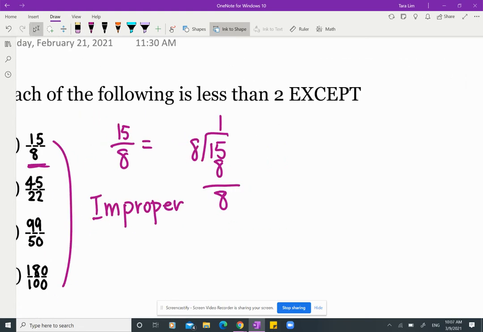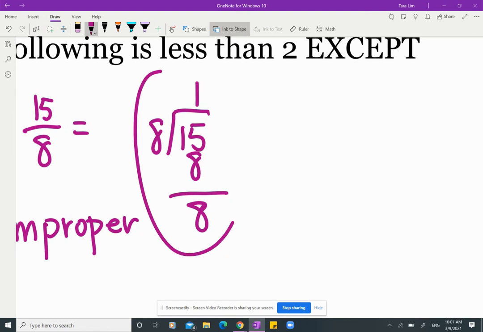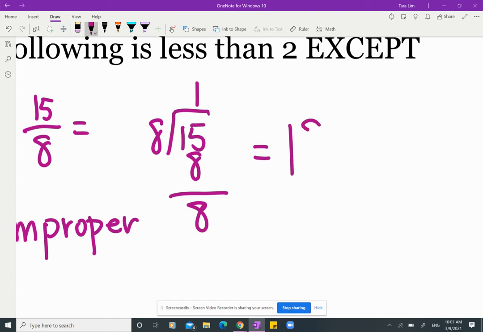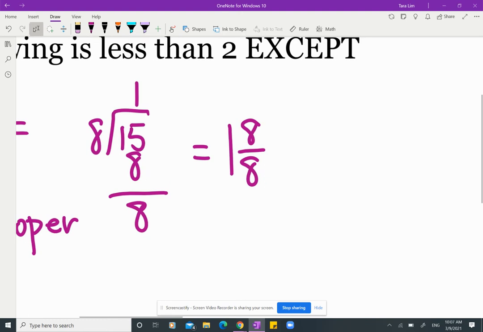And to change it into a mixed number, it is equal to 1 and 8 over 8. Now, if you just take a look at 8 over 8, it is equal to 1.